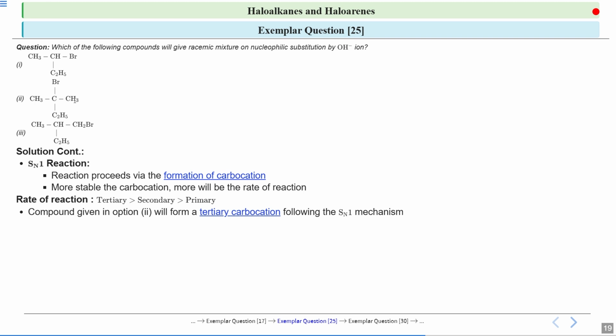It is going to provide us a tertiary carbocation, the most stable one, and because stability of carbocation is a key factor in the SN1 reaction, the second compound will follow the SN1 mechanism. So our correct option is A, because the question asked which compound will give a racemic mixture. Our second compound will follow the SN1 mechanism for the nucleophilic substitution, because it is going to give us a tertiary carbocation. So our correct option is A.